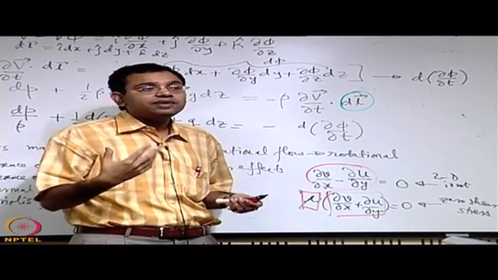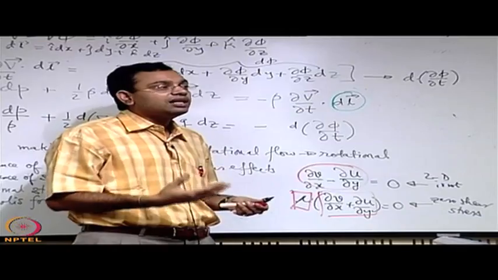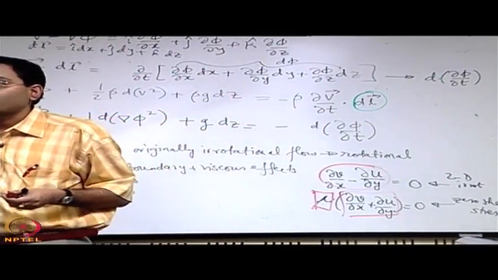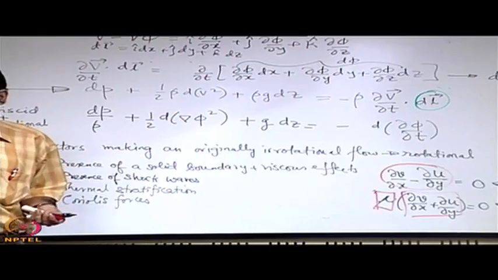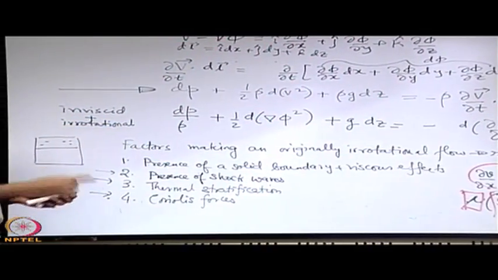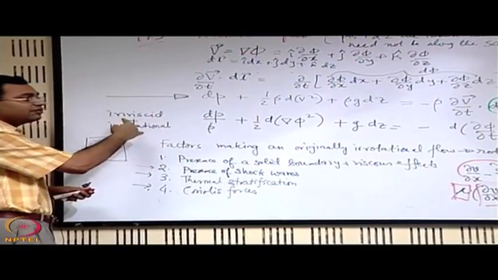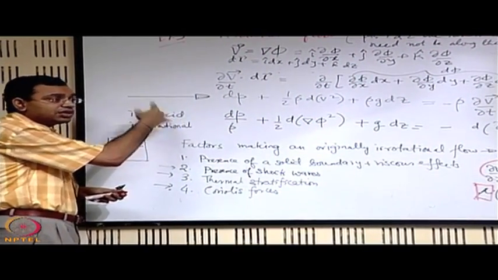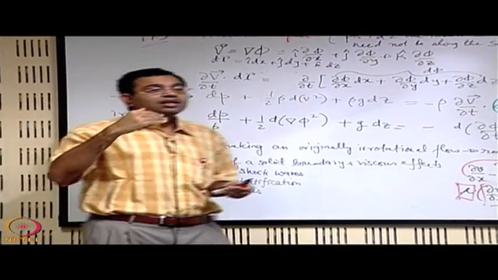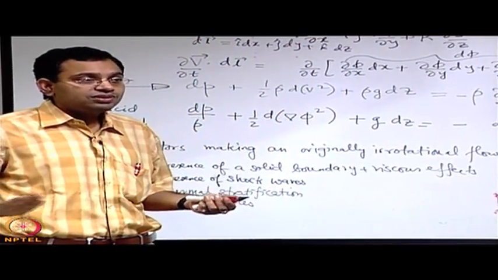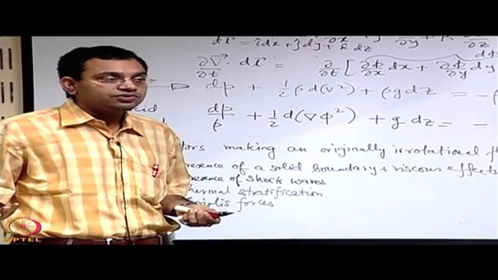So if viscous effects are strong, then physically it may not help in retaining the flow field as a conservative field. So physically it might be very common that if it is irrotational, if it wants to remain irrotational, it has to be inviscid, because viscous effects will create sort of dissipations in the flow, just like what friction does in a force field.